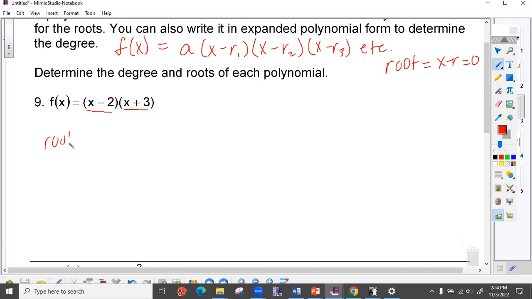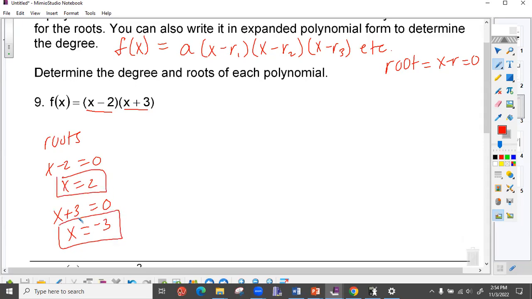To find the roots, I'm going to set each factor equal to 0. Then we have x plus 3 equals 0, and that's going to give us x equals -3. Does that feel familiar? So that's how we find our roots once it's already in factored form.